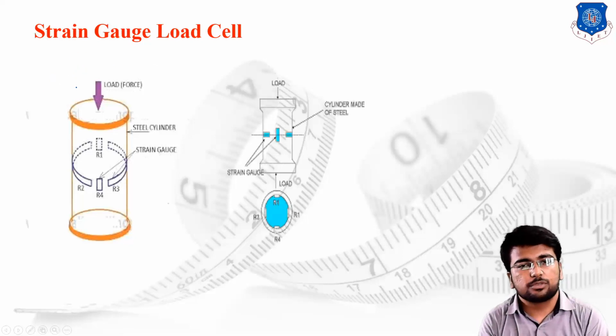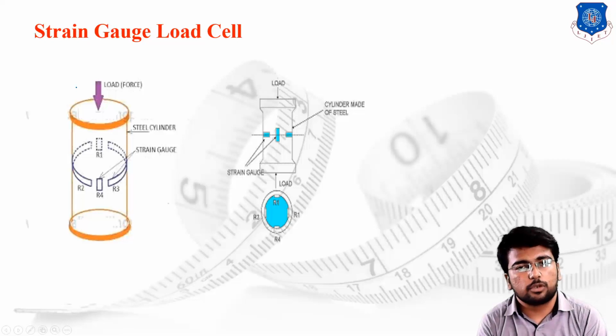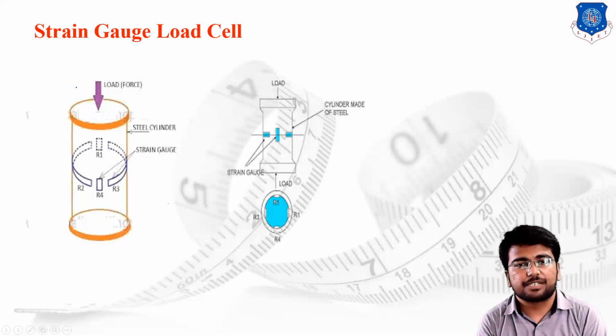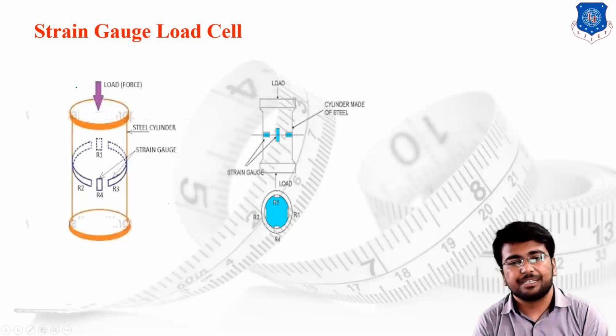The second figure shows the same concept, but it has highlighted the resistance from the top view as well. The cylinder is made up of steel material. Do remember, steel has a higher modulus of elasticity, so we prefer steel as the basic material for checking the value of the strain, for checking the change of the shape, because of its high modulus of elasticity.